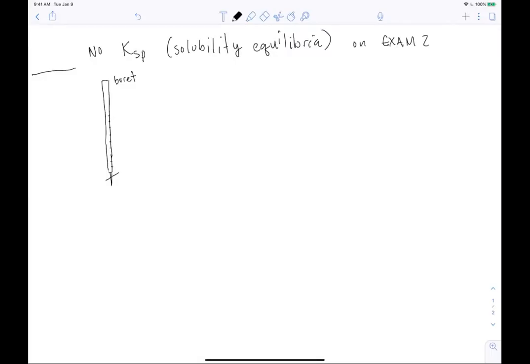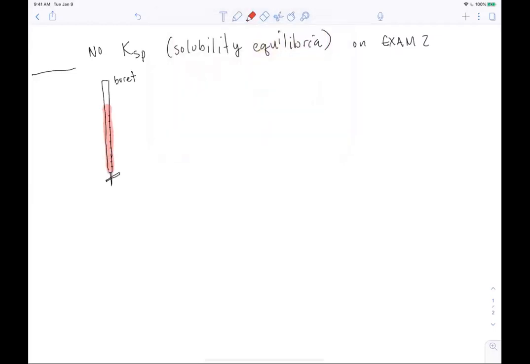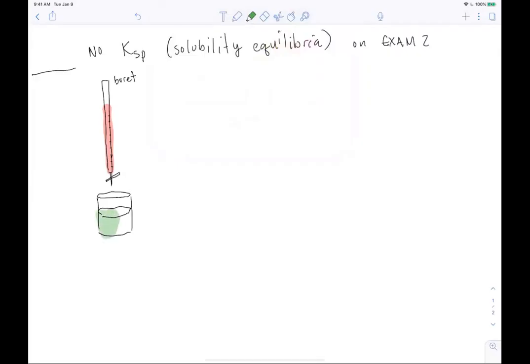At the bottom you have a stopcock, and then you fill this thing up. In this case, this is full of acid, and down here you have some base.